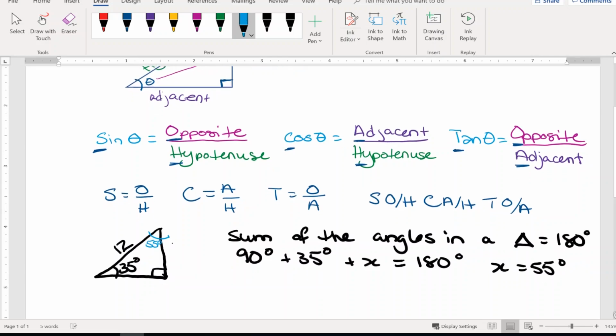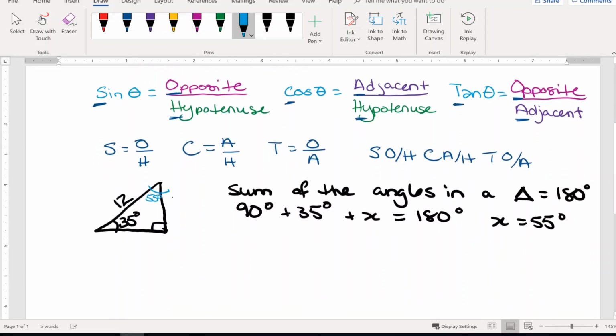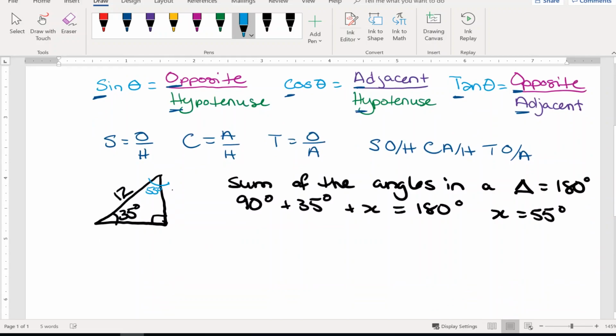Okay, let's use our ratios to find these two sides. So I'm going to call this side the opposite side and this side the adjacent side. It's adjacent to this angle here that we've been given. So now we can use either the sine or the cosine to get these two sides.